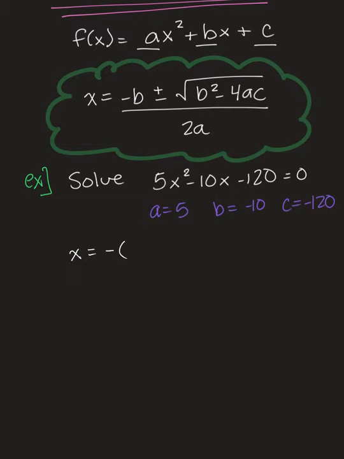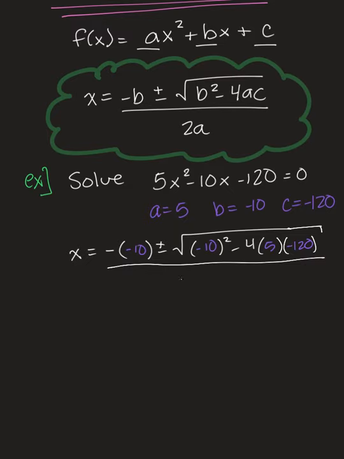So the first part is our negative b, so we write down negative 10 plus or minus the square root, and then we put b in again, squared minus 4 times our a value is 5, and our c value is negative 120, and the whole thing is over 2 times our a value is 5. Then you can just plug that all into a calculator and you'll get your values. You can also just kind of simplify as you go.